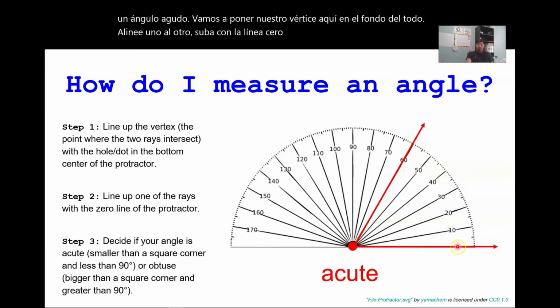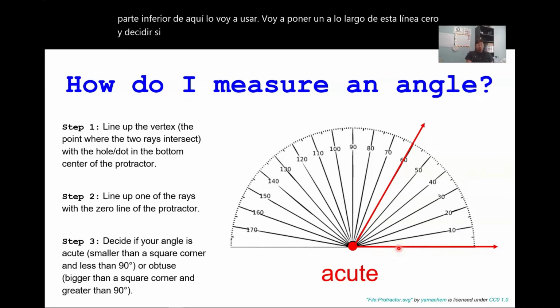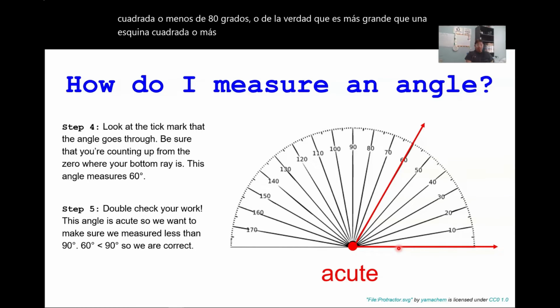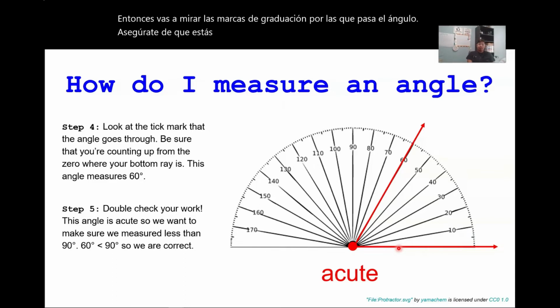So the bottom ray right here, I'm going to put along this 0 line, and decide if your angle is acute, which is smaller than a square corner or less than 90 degrees, or obtuse, which is bigger than a square corner or bigger than a 90 degree angle. Then you're going to look at the tick marks that the angle goes through. Be sure that you're counting up from the 0 where your bottom ray is.